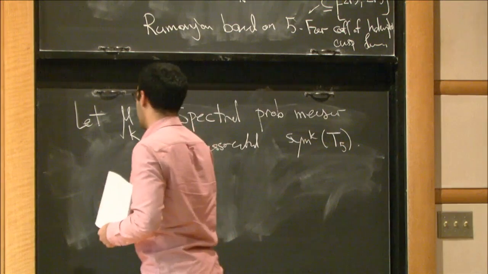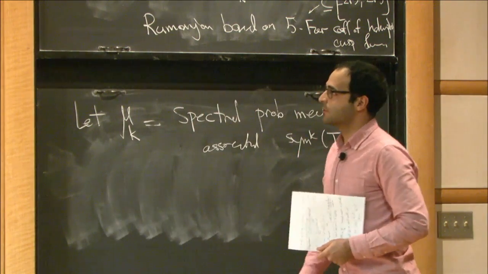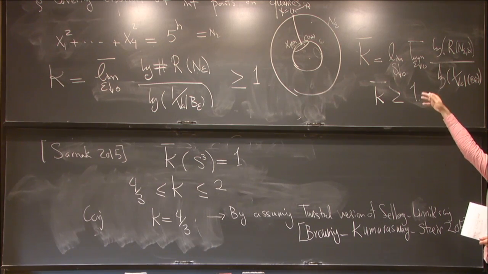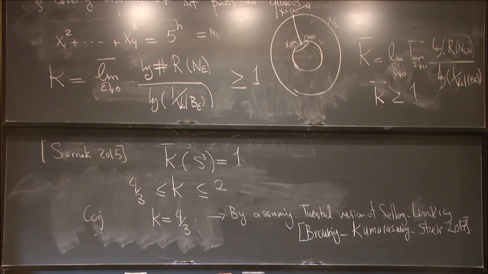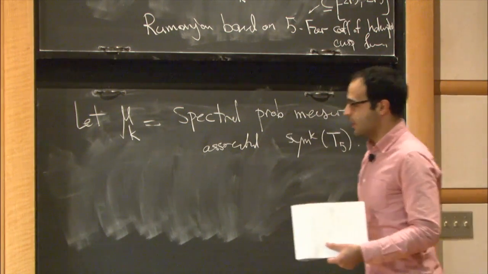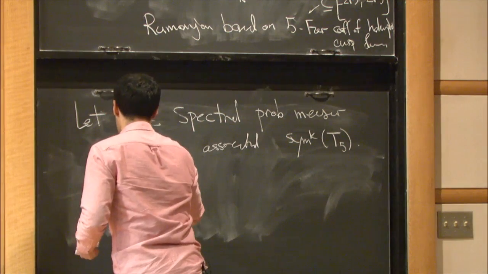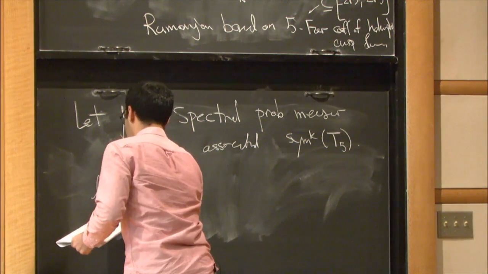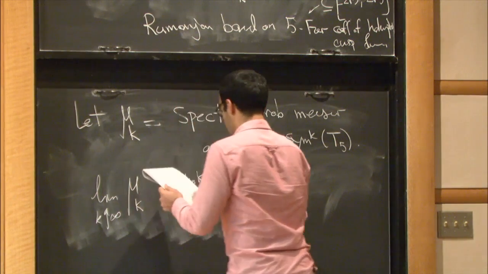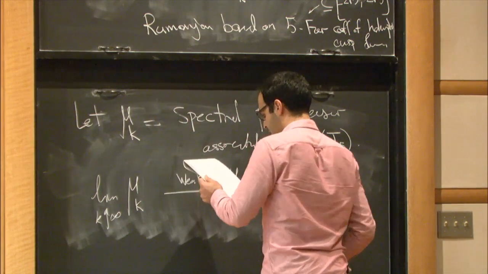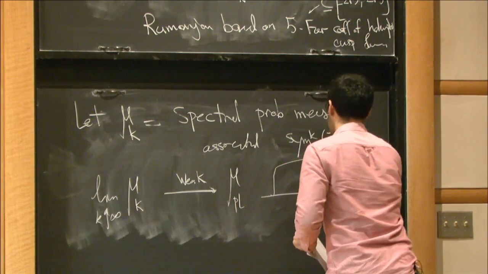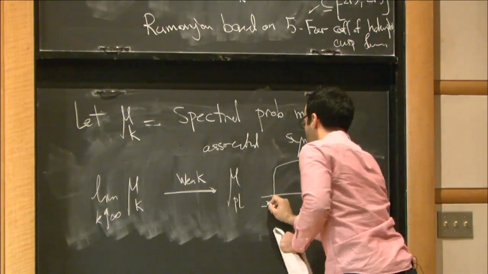So one may ask about the distribution of these points. We know integral points are equidistributed on the ambient space. And in fact, the analog of that result is true for the dual points. So the limit of mu k as k goes to infinity converges weakly to a measure, which is a Plancherel measure, which has positive mass at exactly this interval.